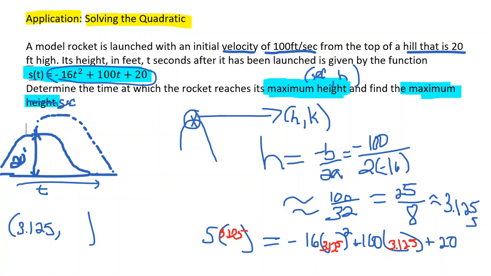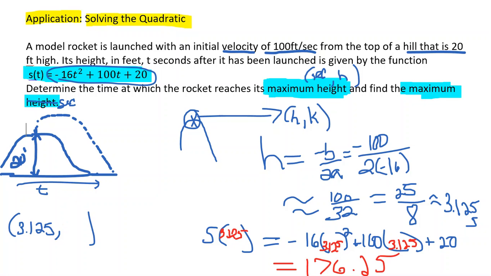So I know that we have 3.125 squared, which is 9.765625, a long number. So I'm going to multiply that by the negative 16. Okay. That answer will be added to the 100 times 3.125. And then we're going to add 20. So my answer is going to be 176.25.